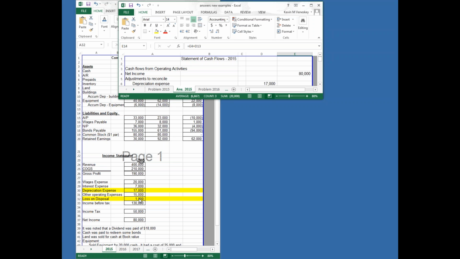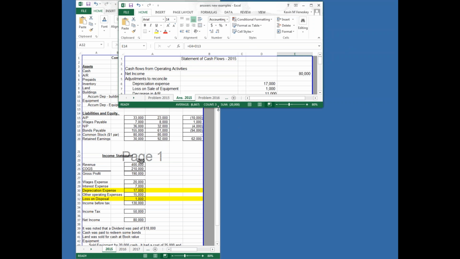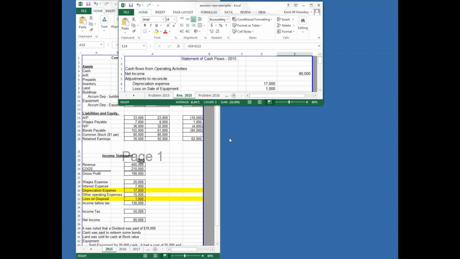I'm going to do the same thing with this loss. I'm going to pretend that this loss wasn't there. So I show that here on my statement of cash flows. I add an adjustment back of $1,000 for that loss. I didn't spend any cash. That's why I need to adjust it back.